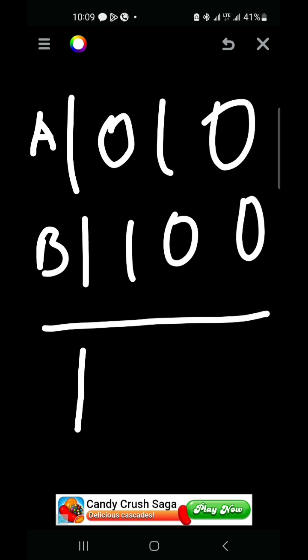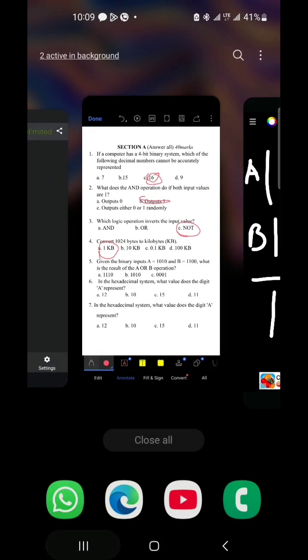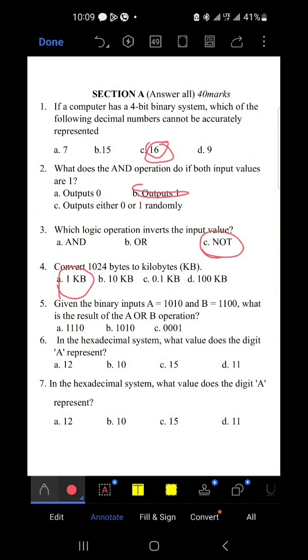Here our first input is 0 and the second input is 1, so the output is 1. So we have our 1 here, and we have our 0 here. Okay, good. So the correct answer for this is A. Correct answer is A.